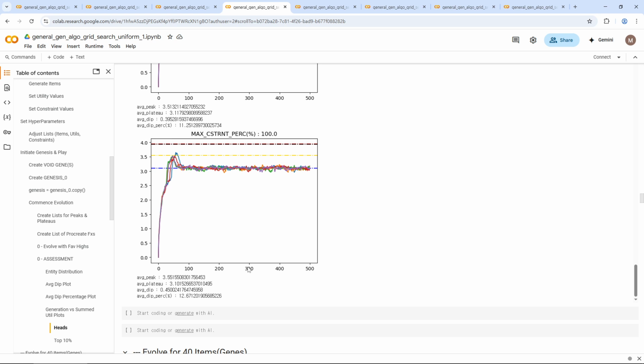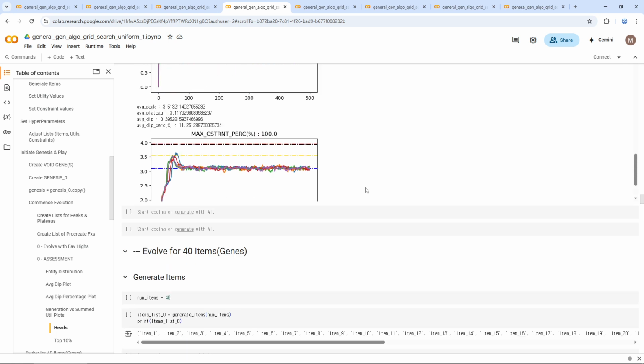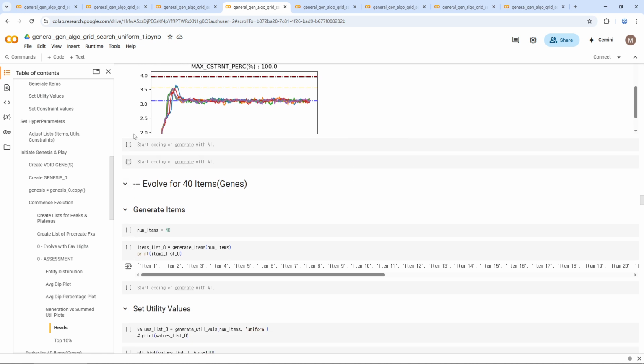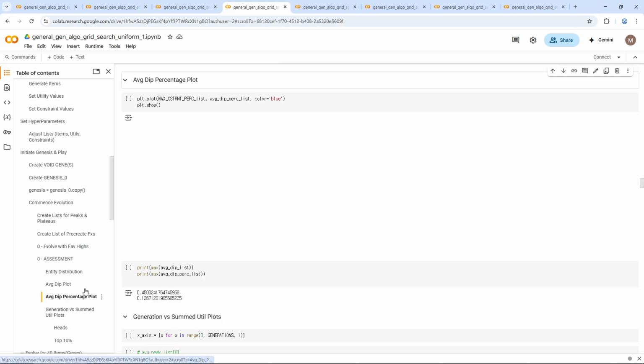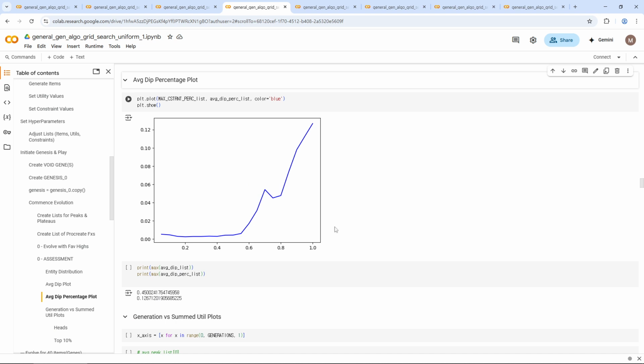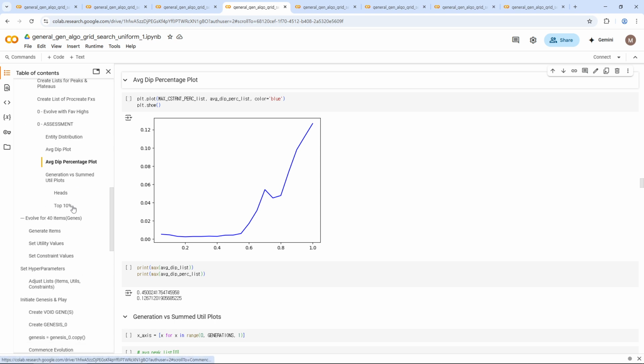Yeah, the average plateau level still went down. Probably because there's, again, less innovation. I wonder why, I should look into why I have this pattern when I only have 10 items. I should definitely look into that.